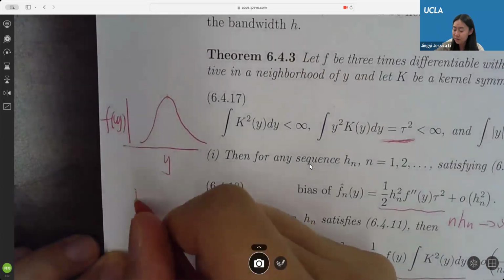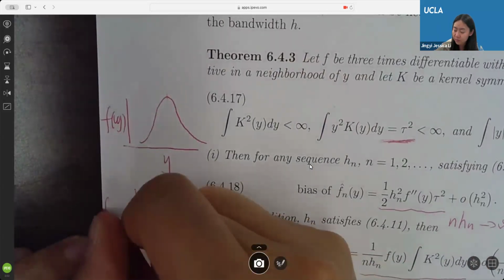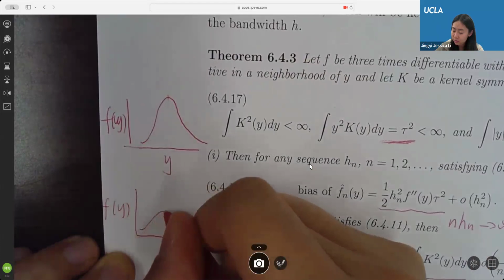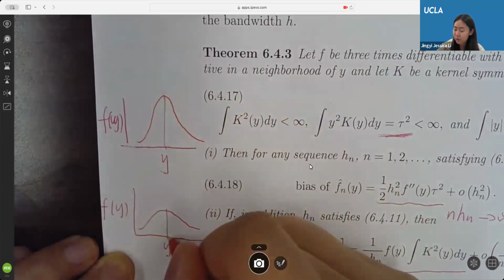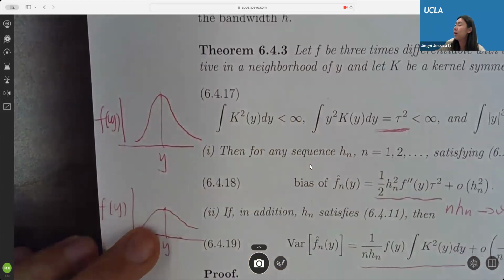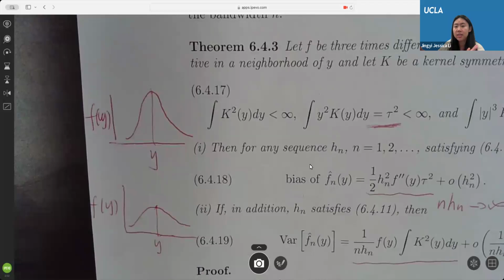And in comparison, if I change the density to be very flat, then at the same peak value, the mode, the second derivative will have a smaller absolute value. Okay.